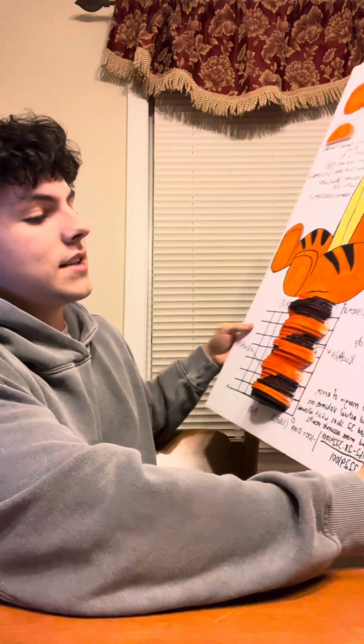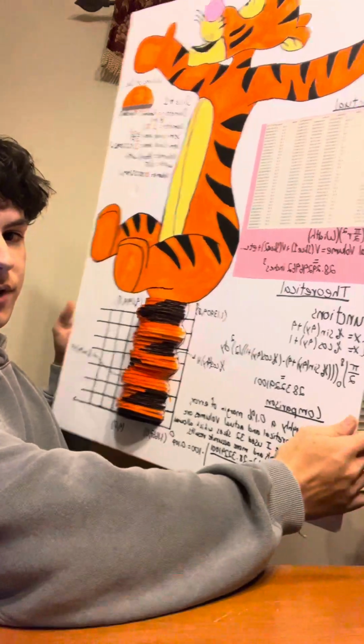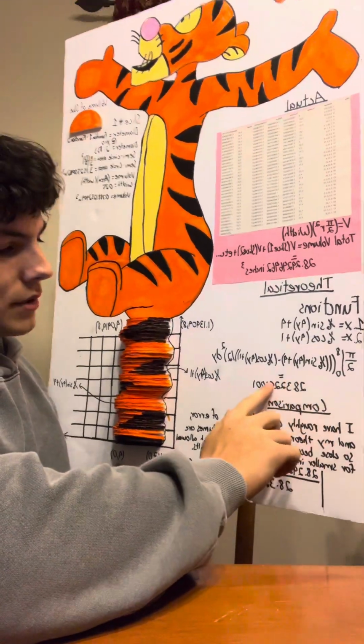So that was my spreadsheet work to get my actual volume. And then my definite integral was simpler than that, obviously. Because I had already established that I put it in terms of y, I set it up basically the exact same way you would set up any semicircle. It was just in terms of y, and it's here on my poster.